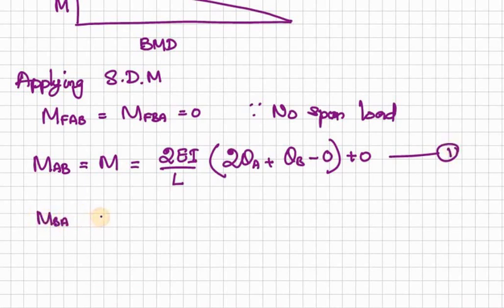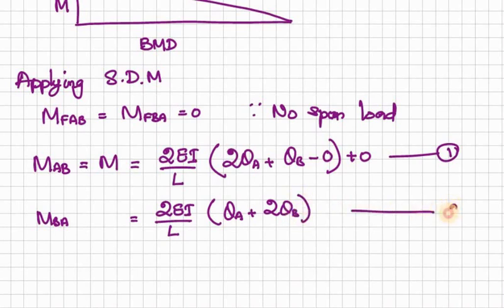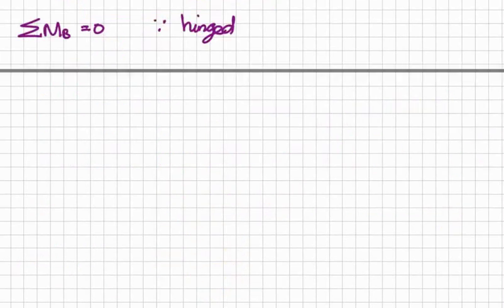Similarly, we can compute MBA, which is equal to 2EI by L, the whole into theta A plus 2 times theta B. Other parameters are 0. So this is expression number 2. And we know that the support B is hinged and there is no external moment applied. So sigma MB is equal to 0.